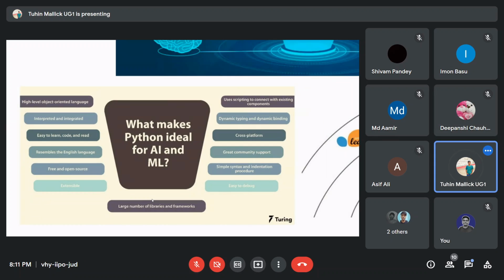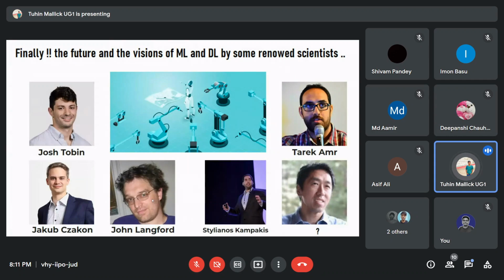Before going to the future and the visions of machine learning and deep learning by some renowned scientists, there are some scientists you can see: Josh Tobin, Jacob Jackson, John Langford, Stylianos Kamkapis, Tarek Amardos. These are the scientists who are quite renowned in the world for their contributions in machine learning, deep learning, and artificial intelligence.